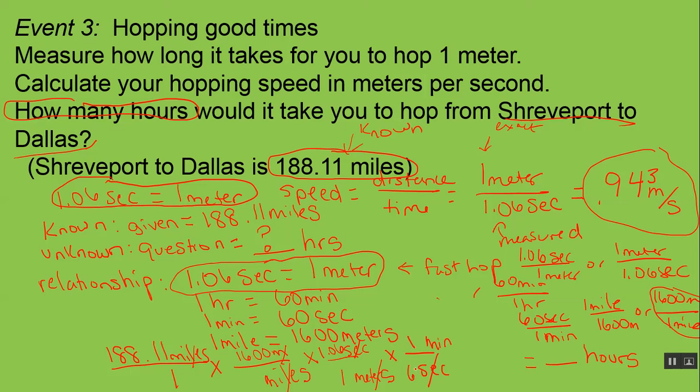And for every 1 minute, there's 60 seconds, right? So now we're in a new unit. We're in minutes, but we're not done. We're trying to go into hours. So what are we going to do? Well, minutes on bottom, so 60 minutes. Hours on top, 1 hour.